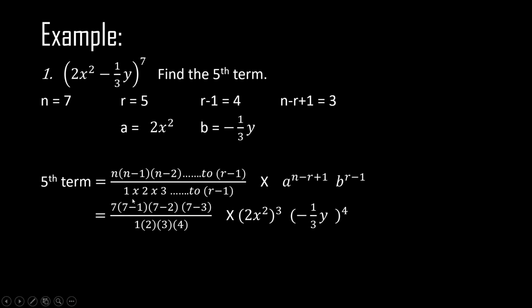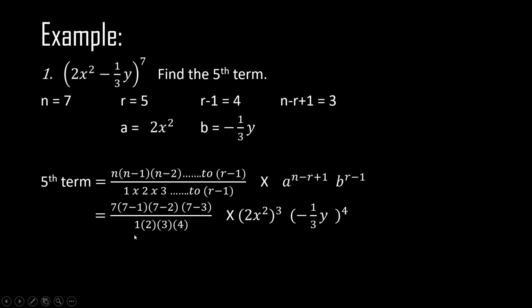The same goes for the denominator, we must have 4 terms: 1 times 2 times 3 times 4. And then multiplied by the first term raised to the value that we get here, which is 3, times the second term raised to r minus 1, which is equal to 4.